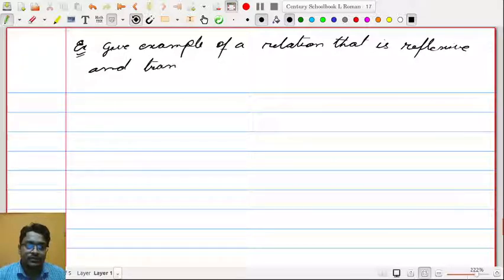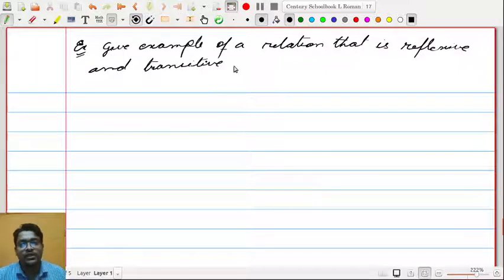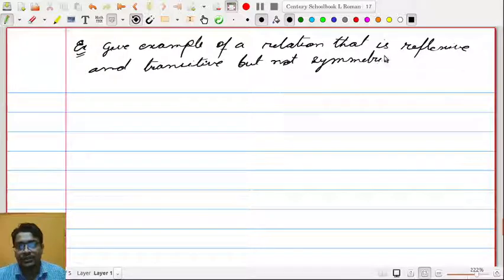It is reflexive also, transitive also. Reflexive, transitive, but not symmetric. Can we give some example of that relation?